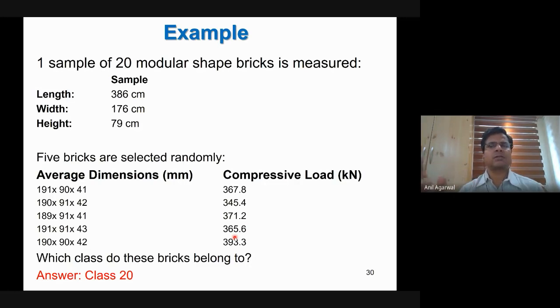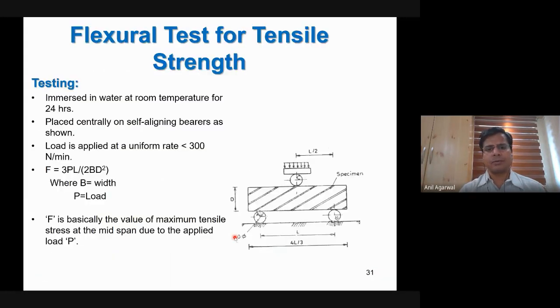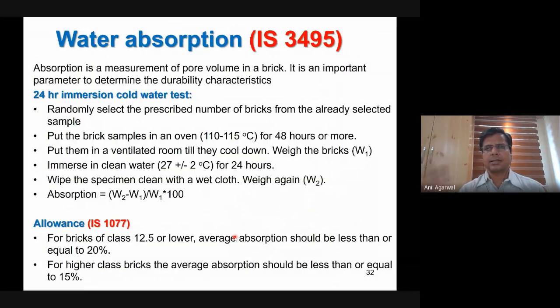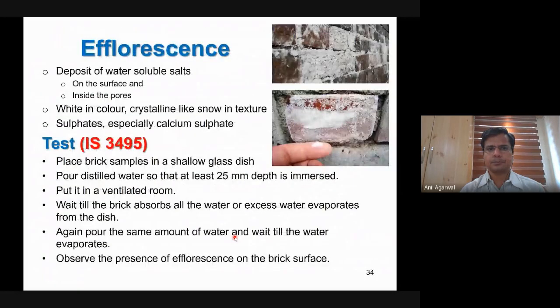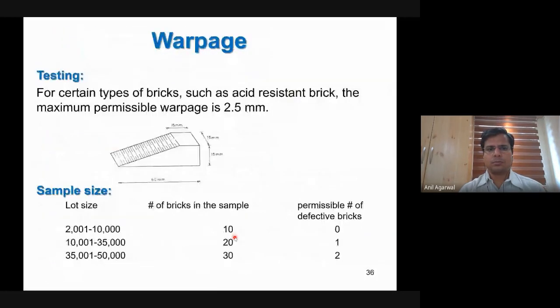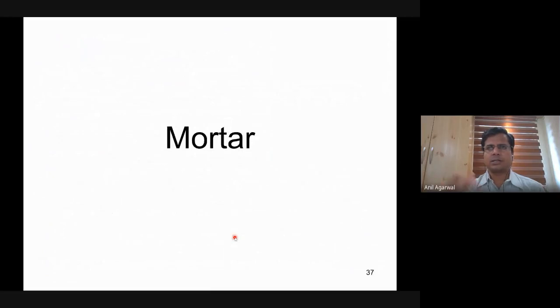Likewise, for efflorescence, if the brick is more than 12.5 class, then the efflorescence should not be more than this. So the classification is primarily based on the compressive strength, but at a few places, it is also tied with water absorption and with efflorescence. And then there was a warping test that I had described.